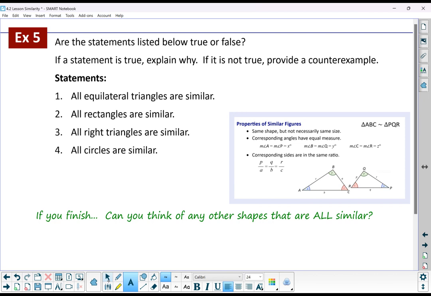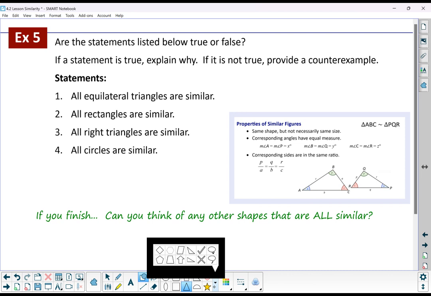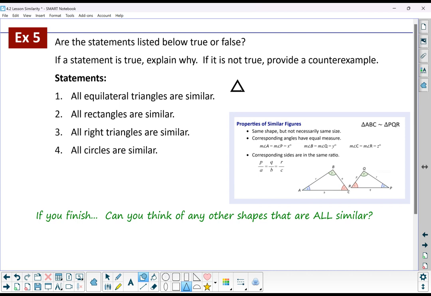So think about an equilateral triangle. Are all of the equilateral triangles similar? Well, they definitely all have the same angles. So now we would just have to think about, are their sides in the same proportion?